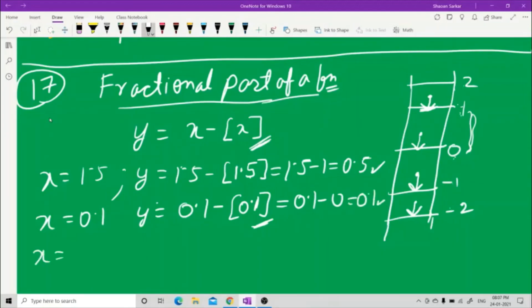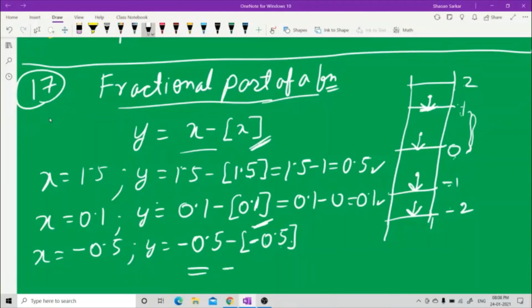Now take x equal to minus 0.5. Wait, let me rewrite: y equal to minus 0.5 minus the floor function of minus 0.5. Minus 0.5 comes between 0 and minus 1.